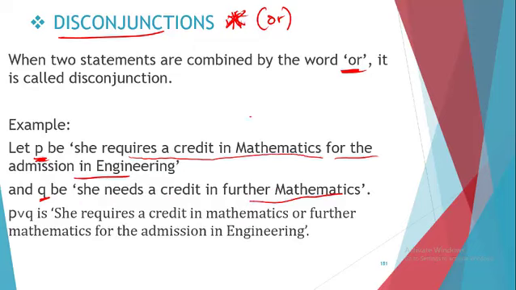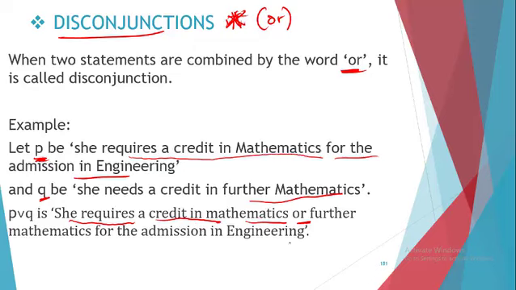Now to take the disjunction of these two statements, we then have: she requires a credit in mathematics or further mathematics for admission in engineering. She requires a credit in either mathematics or further mathematics.